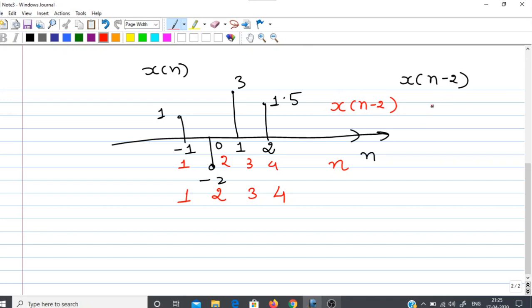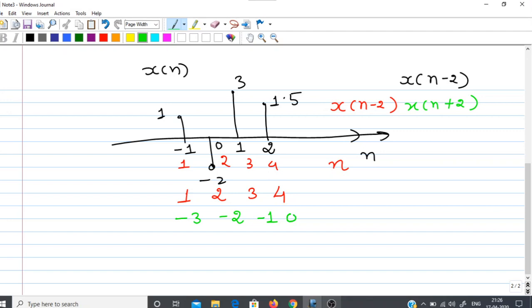Similarly, if I ask you to draw the sequence x[n plus 2], then what will you do? In that case, here n naught is minus 2. So you will subtract 2 from all these time indices. So this minus 1 will reach at minus 3. 0 will reach at minus 2. 1 will reach at minus 1.